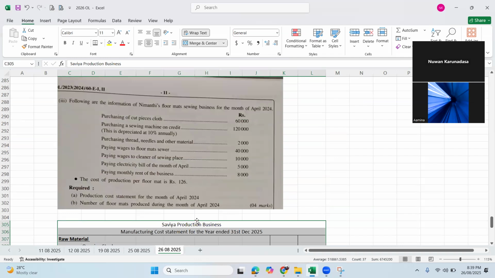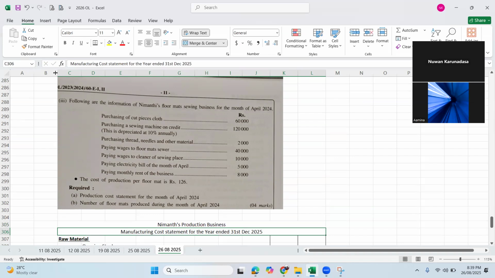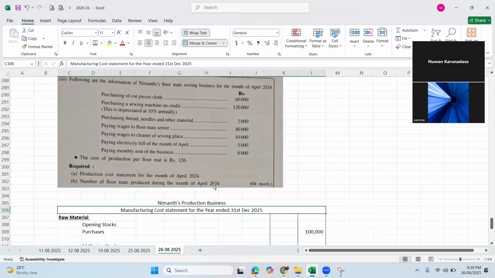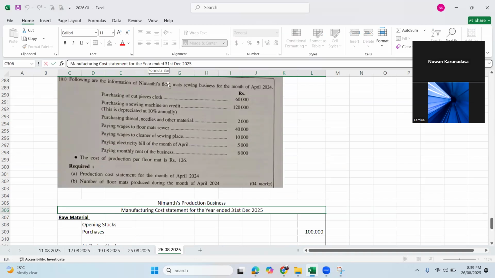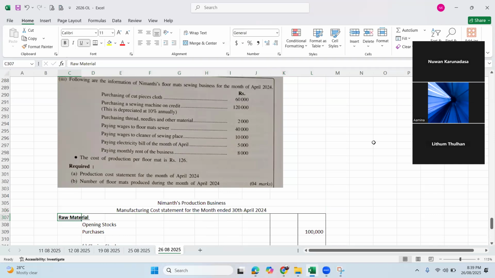Nimanti's floor mats manufacturing cost statement for the month ended, not year, 30th April 2024.